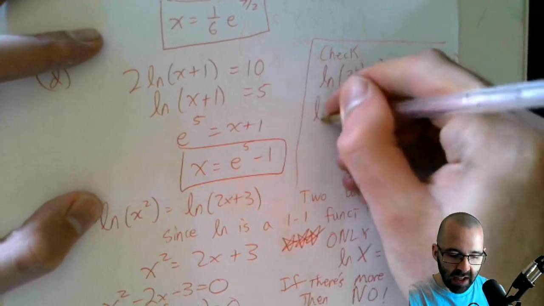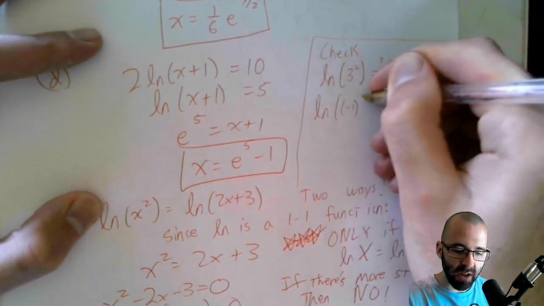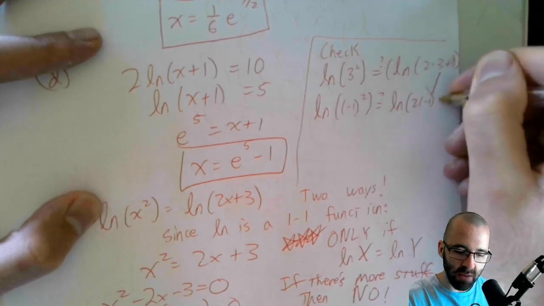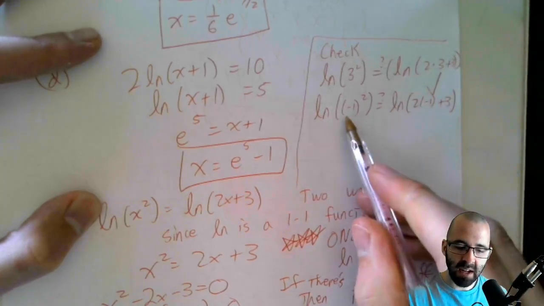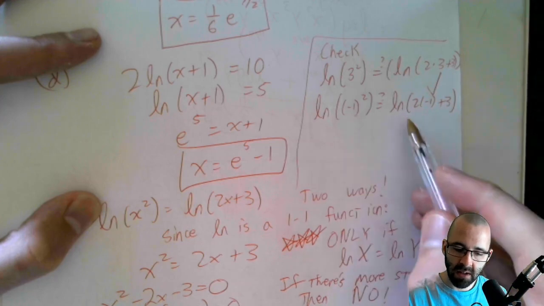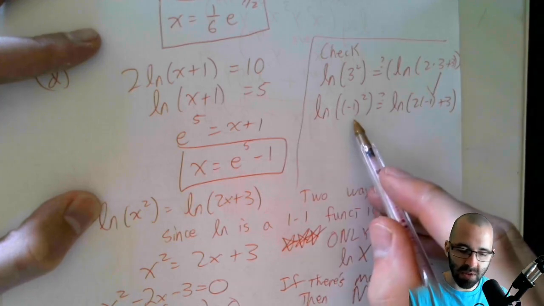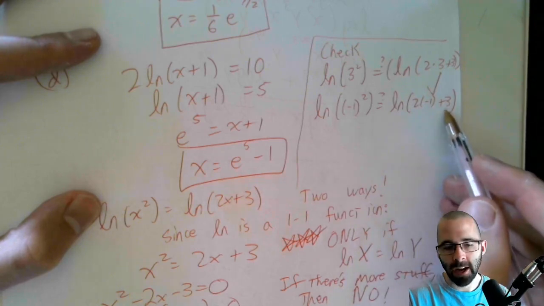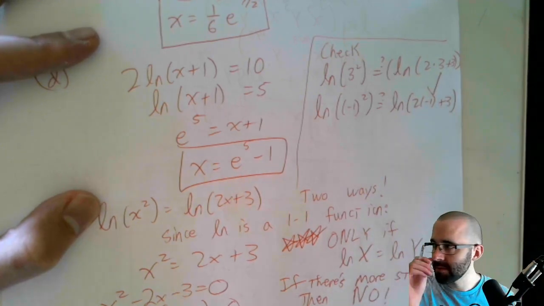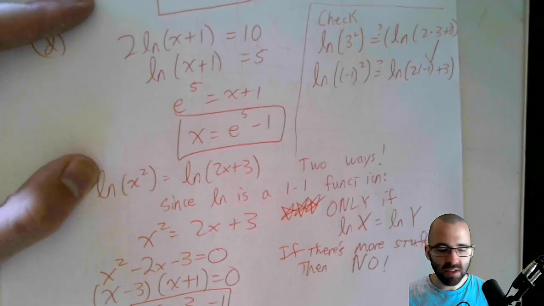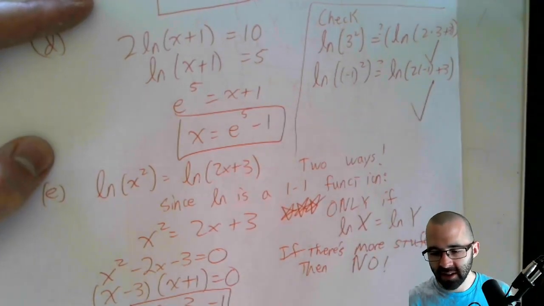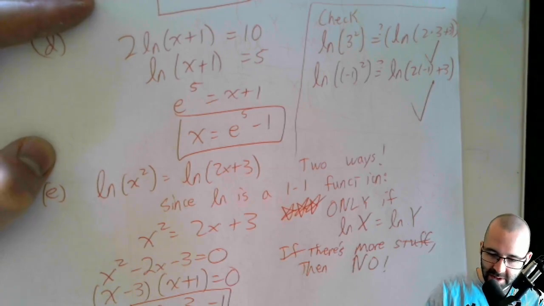Check the other one. Is the natural log of negative 1 squared equal to the natural log of 2 times negative 1 plus 3? Well, that's the natural log of positive 1. Is that natural log of positive 1, which is 0, by the way, equal to the natural log of positive 1? Yeah. So use your calculator to check these. Okay. So we checked our answers. They both check out. No problems here in part E. But there might be a problem in part F. We will see.